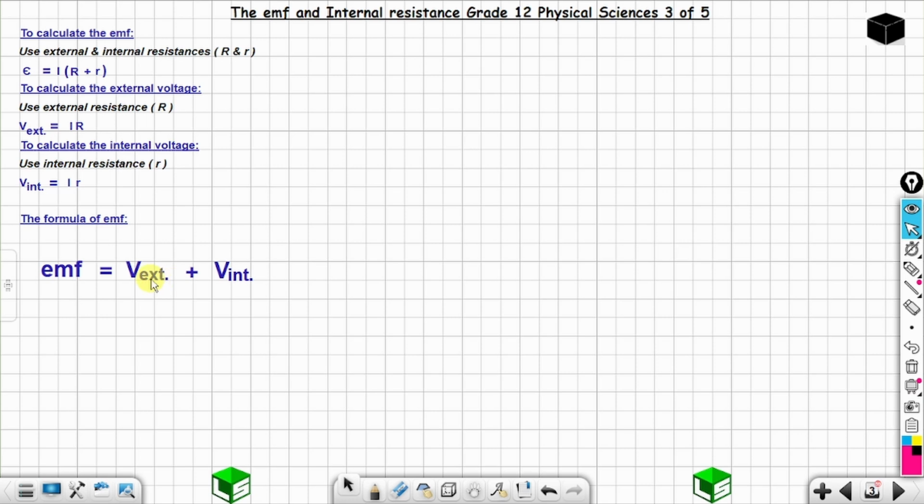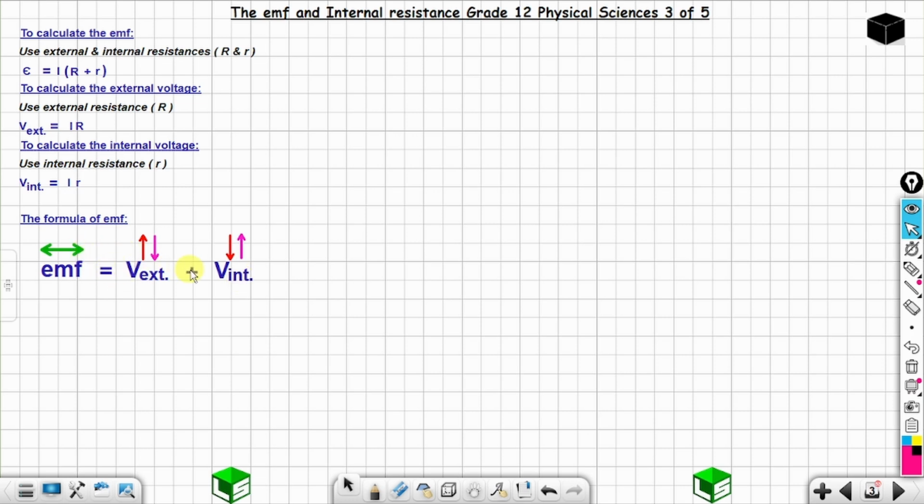Whenever the external voltage is increasing, the internal voltage will decrease. This is always the case. Or whenever the external voltage is decreasing, the internal voltage will increase. This is in order to keep the EMF constant. You cannot have both external voltage and internal voltage increasing, or both decreasing.